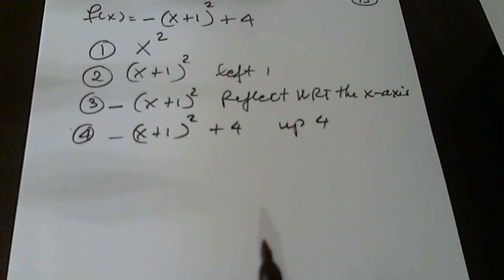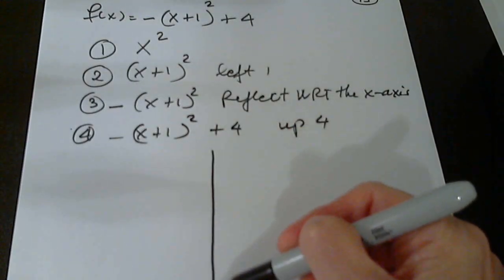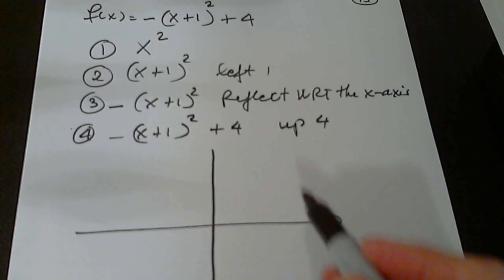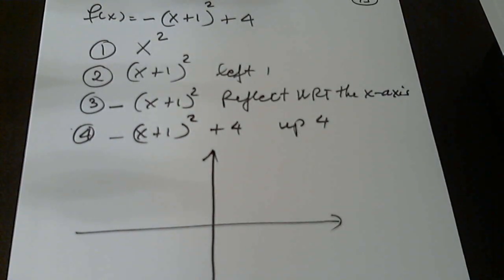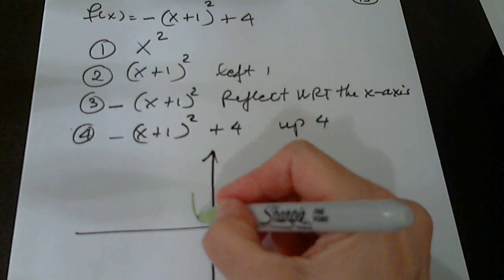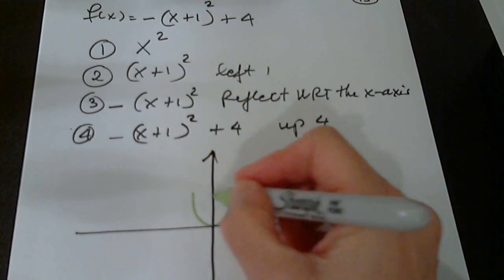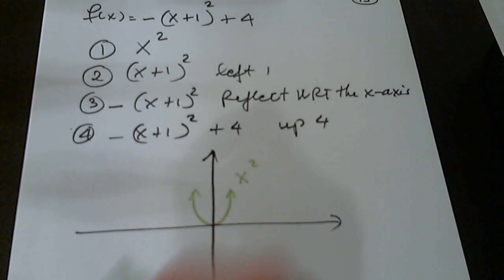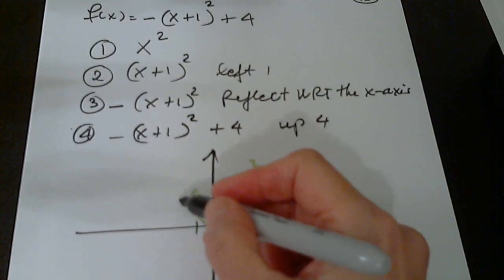Let's graph it. First, I graph x squared. Here is x squared. We know that this is our x squared, the even function. Then you told me to move it left 1. Excellent.